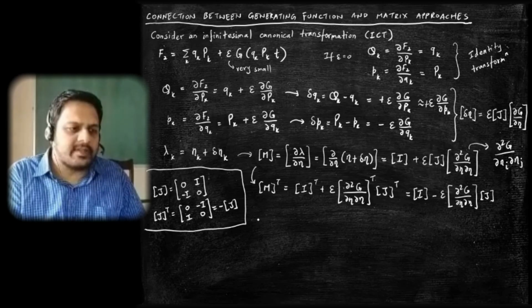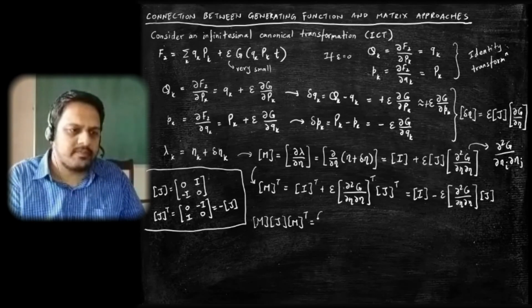Now let us examine the condition for canonical transformation. Let us examine what happens when we do M J M transpose. What is M J M transpose?